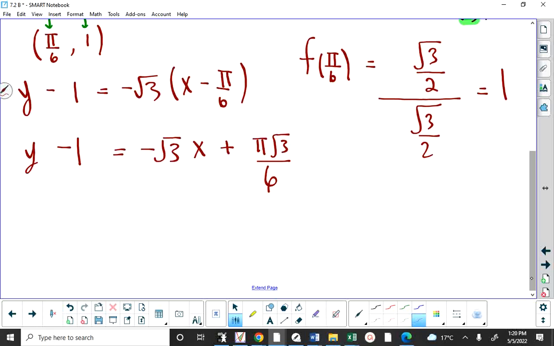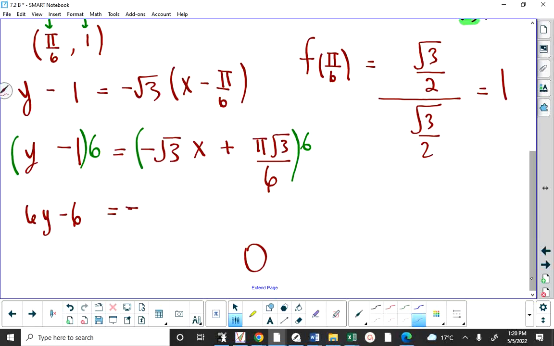It's not a huge deal, but when we write an equation equal to 0, which is what we do in this course for a linear equation, we don't want fractions. We don't want over 6. So I'm going to multiply everything by 6 to get 6y minus 6 equals negative 6 root 3x plus pi root 3.